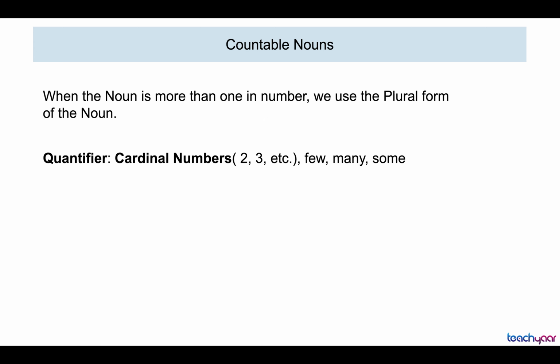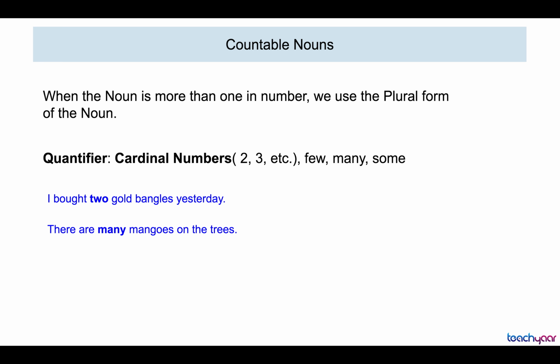So the quantifiers used are either the numbers themselves or you use the terms few, many or some. Some is actually used even with uncountables, but here we are talking about countables. Let's see some examples. I bought 2 gold bangles yesterday. The bangles are the nouns and the number has been specified. We have used the number here 2, more than 1. So 2 gold bangles.